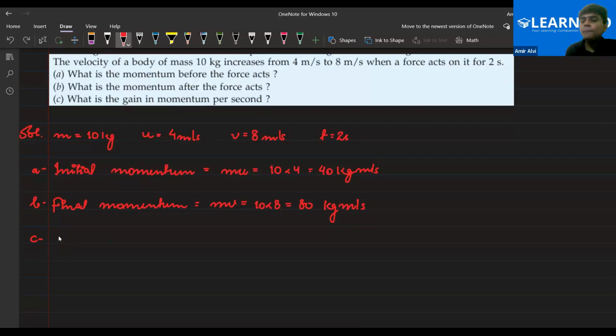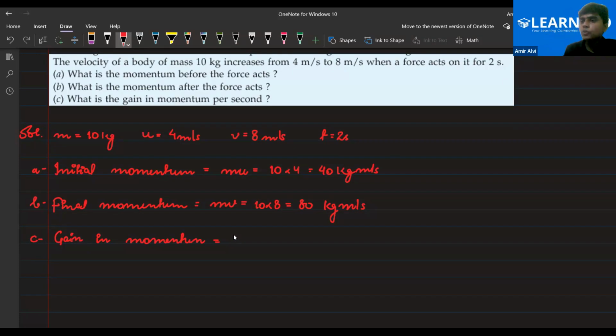C would be gain in momentum. Gain in momentum means how much momentum is gained by the body. How will you calculate it? Gain in momentum would be nothing but change in momentum. Gain means how much you have achieved. Like initial was 40 and final was 80, so there would be a difference between the final and initial.